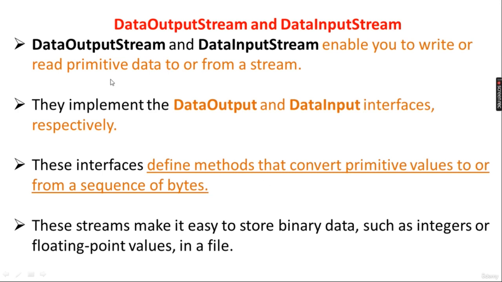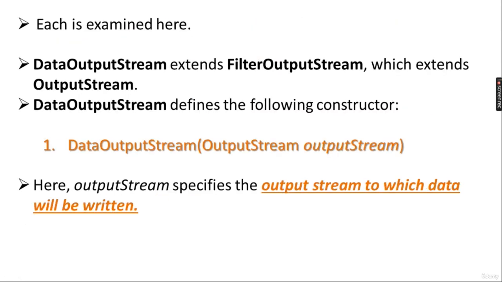So these are dependent upon the primitive data, and they define methods that convert the primitive value to or from a sequence of bytes. So convert from byte to primitive data and primitive data to byte. These streams make it easy to store binary data such as integer or floating point values in a byte. So primitive data can be written easily or read easily to or from bytes respectively.